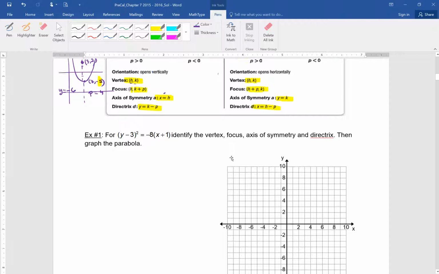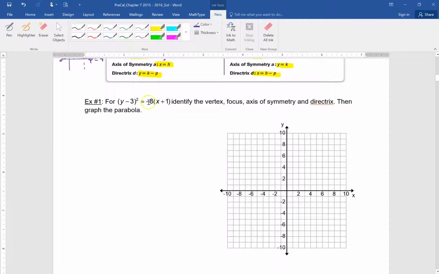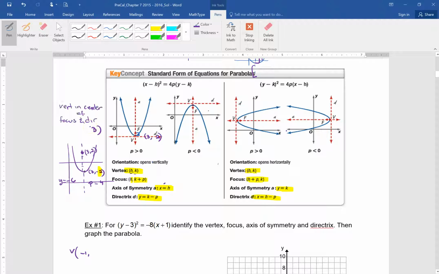All right, so let's take a look at this one. You have an equation here. We have to figure out what the vertex is and the focus and the axis of symmetry and so on. So what is the vertex of that one? Well, it's -1 and +3. You have to switch the signs because it's y minus k, x minus h.